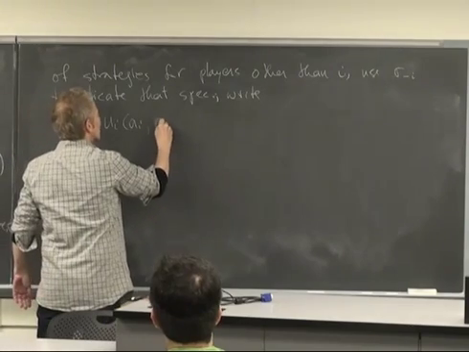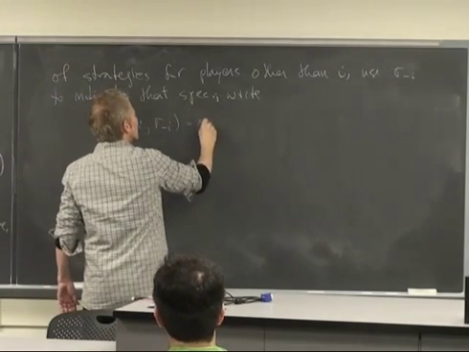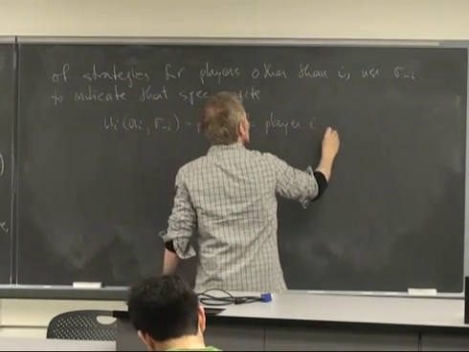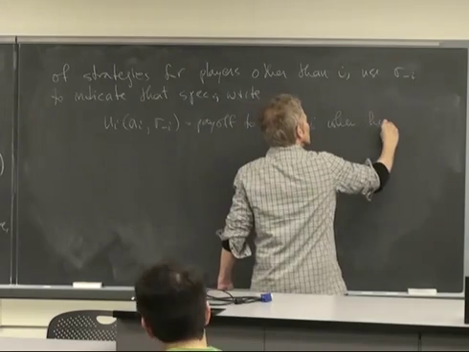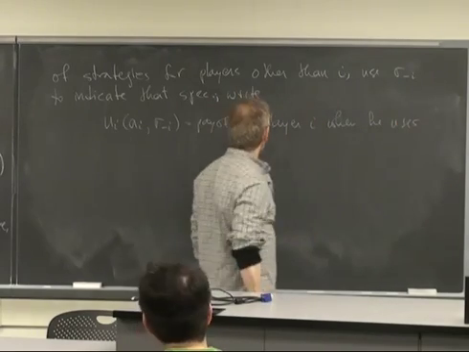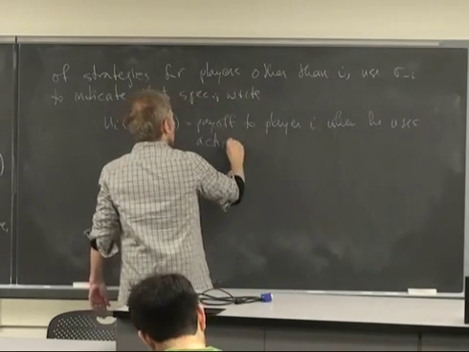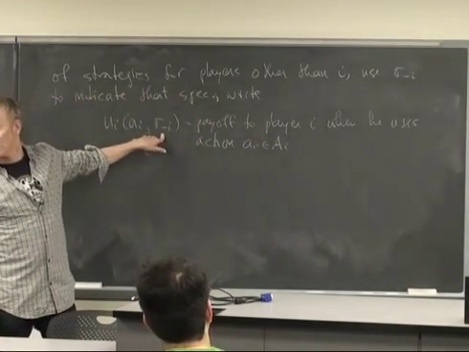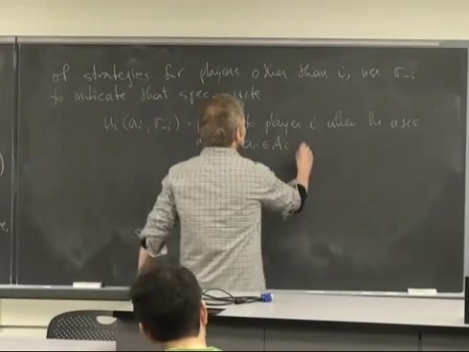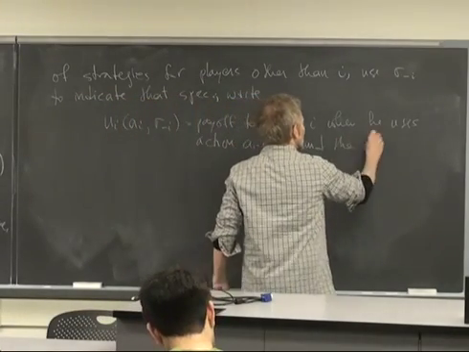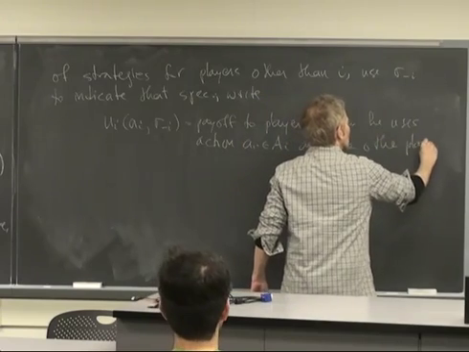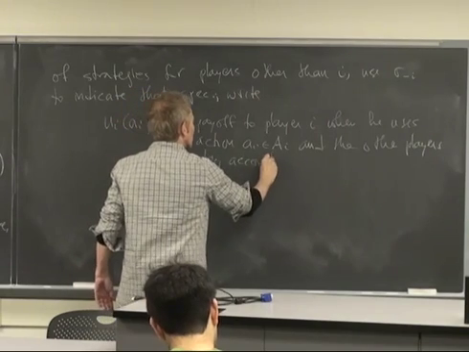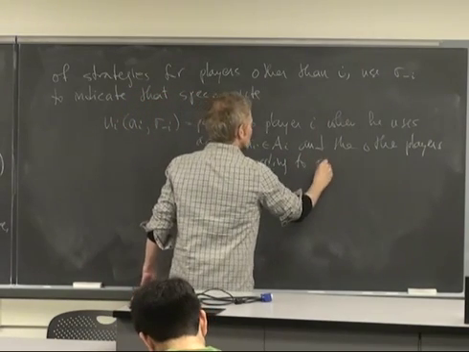A sub I, comma sigma sub minus I, this is the payoff to player I when he uses action A sub I, and the other players play according to sigma sub minus I. And I'll get to Matt in just 1 second.